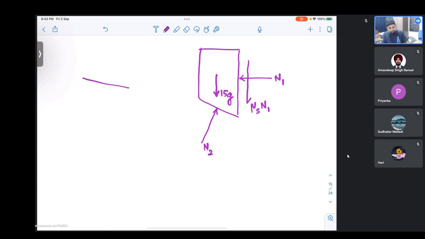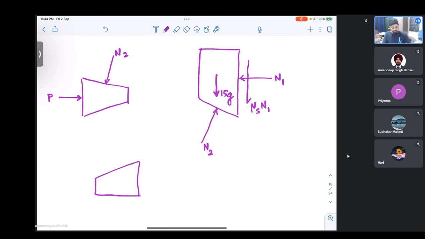Now let us draw that wedge also. This is my wedge and I have applied P. This is my third wedge which is resting on the floor, and both wedges are given to be massless, so we need not consider their mass for simplicity. So we have N2 applied.